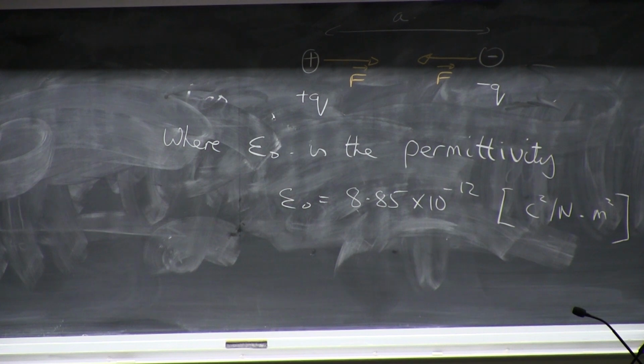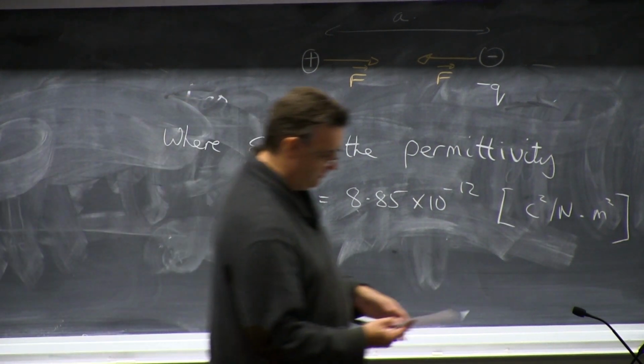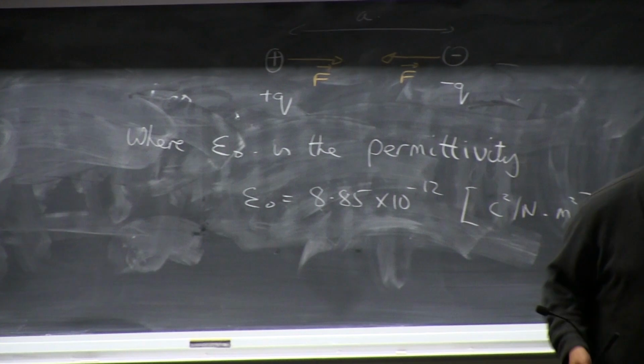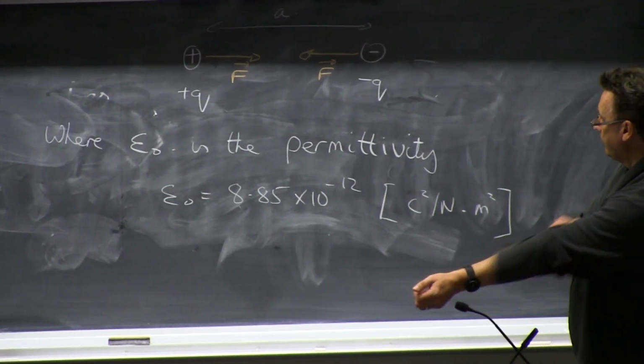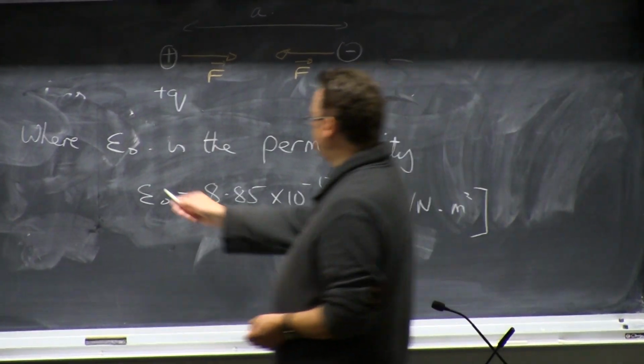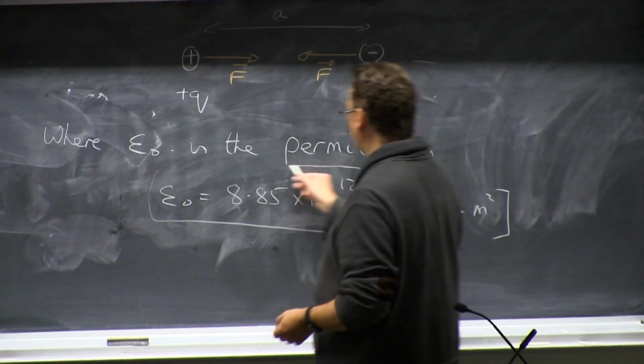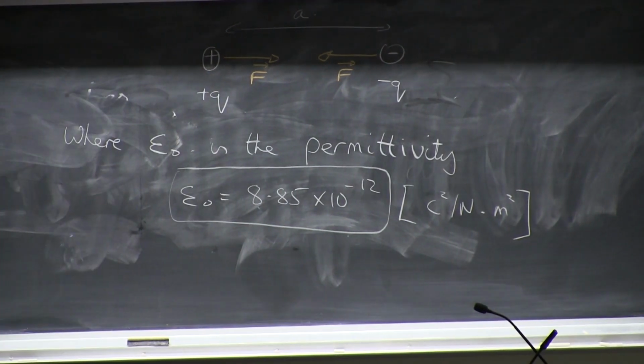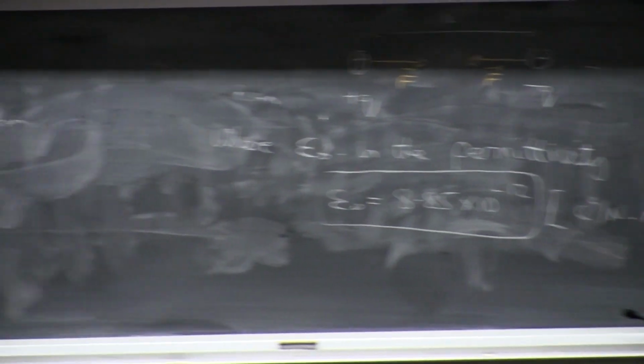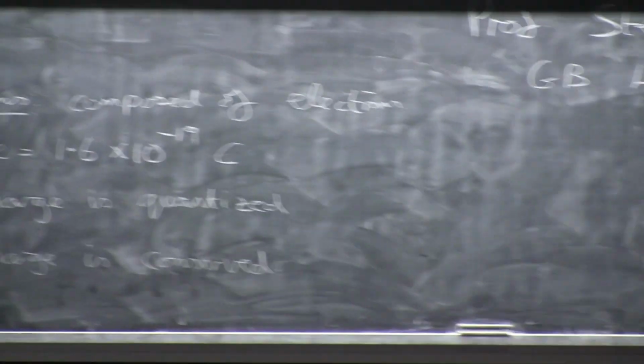The units are coulombs, distance squared, newtons, so epsilon must make up the difference and make the dimensions equal. So again, this is a number that, if you don't already know it, along with e, you should memorize.